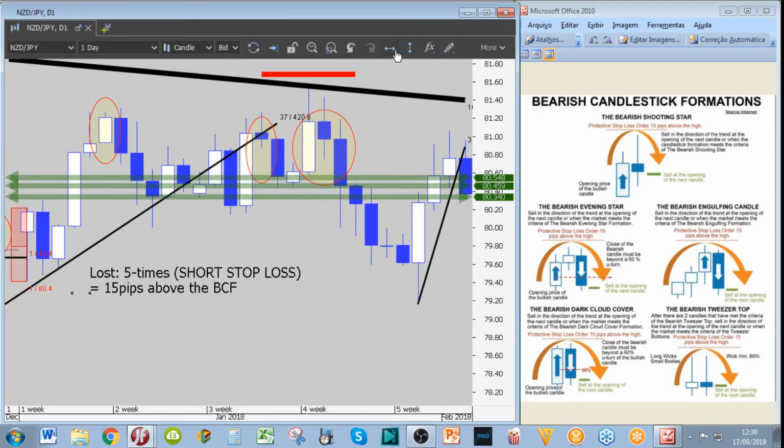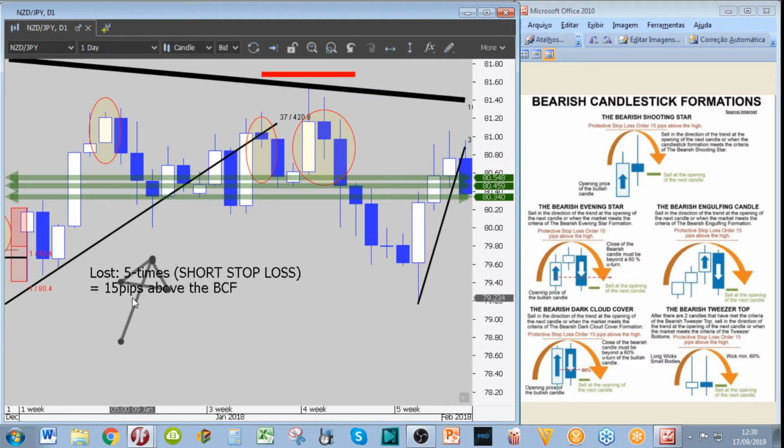Until now, if we were trading and put a stop loss 15 pips above the bearish candlestick formation, we lost 5 times already. Yes, it happens.